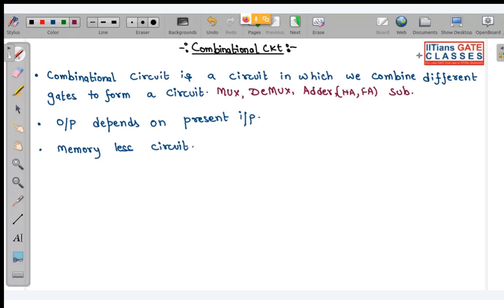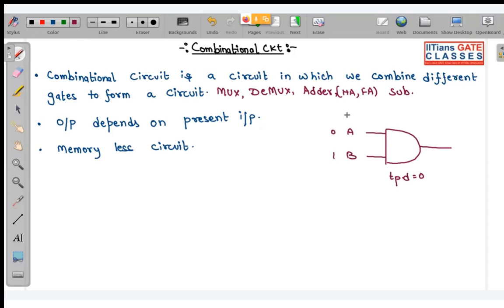We know in a logic gate, suppose this is my AND gate. If this AND gate is ideal, ideal means there is no propagation delay. So if I apply input A and B, A can be 0, B can be 1.